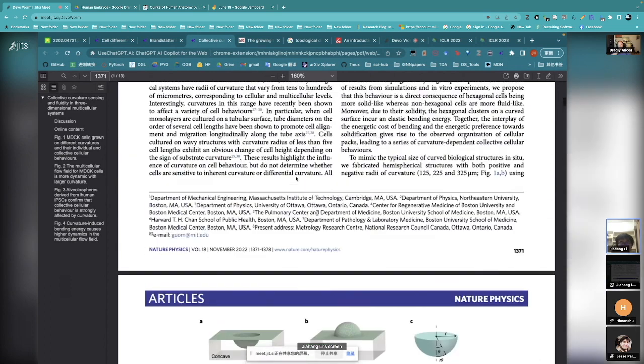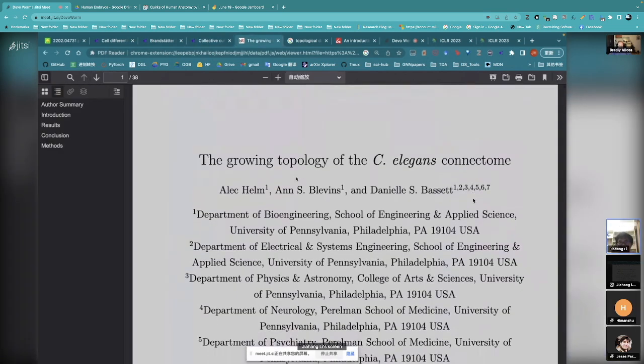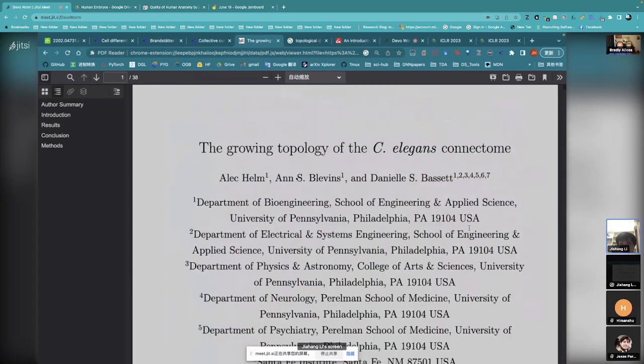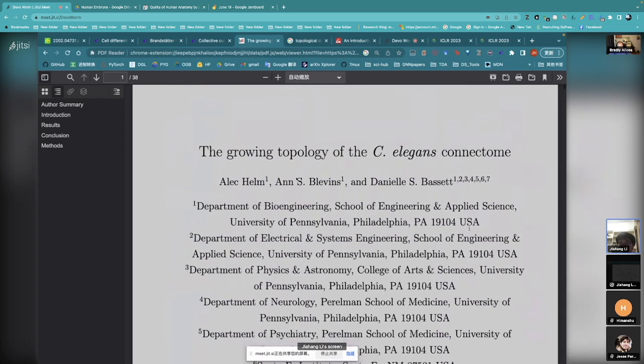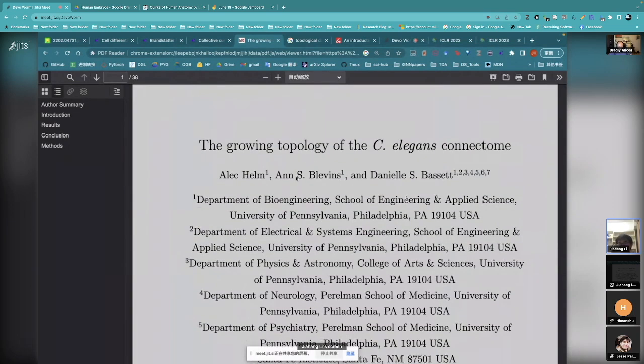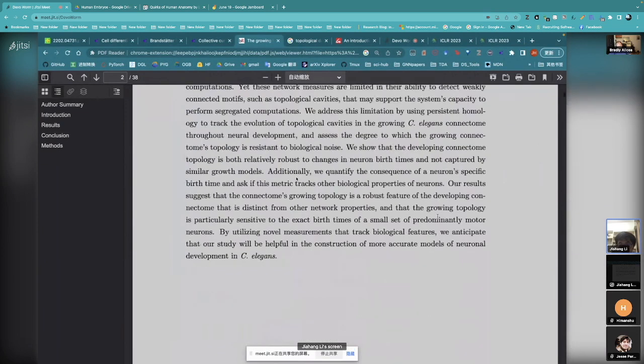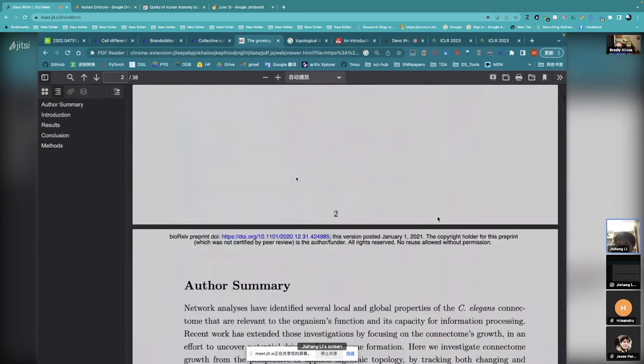And this is another paper, the growing topology of the C. elegans connectome. This paper is interesting because it uses persistent homology to analyze the topology along the development of the C. elegans connectome.